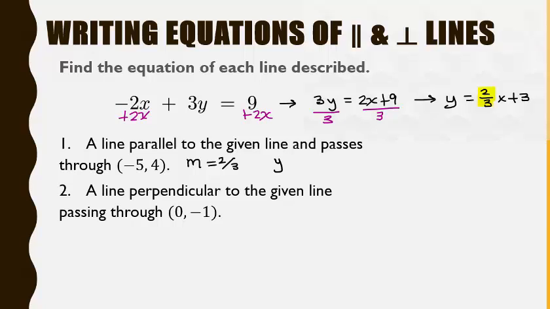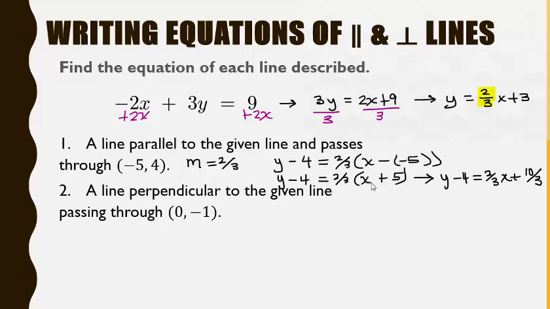So using point-slope form, y minus y1, or y minus 4, equals m, 2/3, times the quantity x minus x1, or -5. This is an equation of the line, but it's not in simplest form. Typically we want to write them in slope-intercept form.